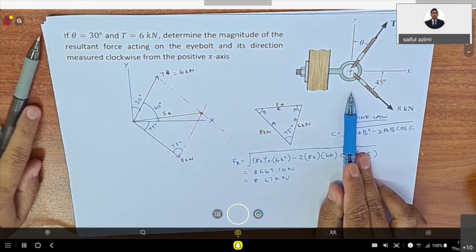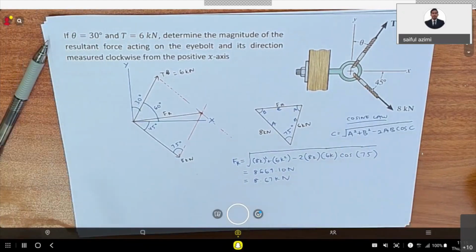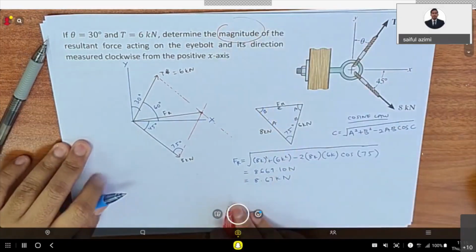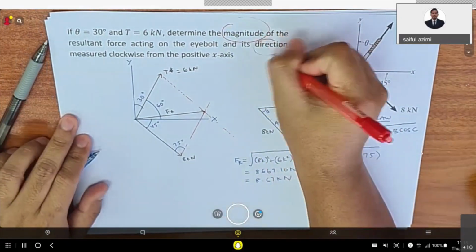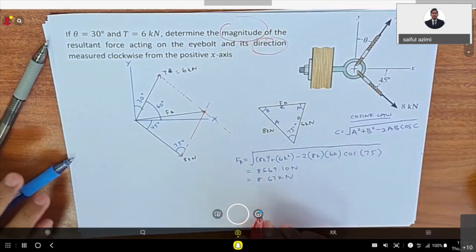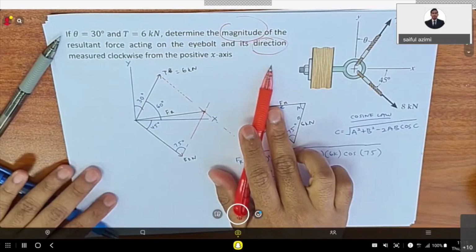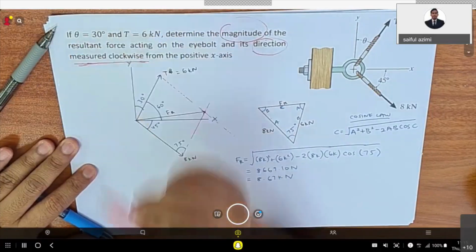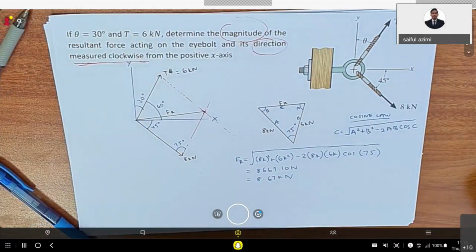This question asks you to find the magnitude and also the direction. What are the guidelines for the direction? It must be measured clockwise from the positive x-axis.